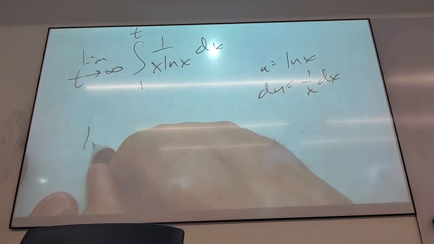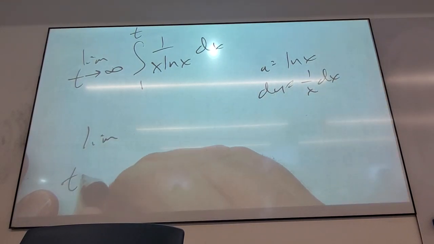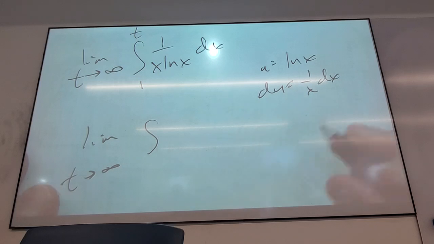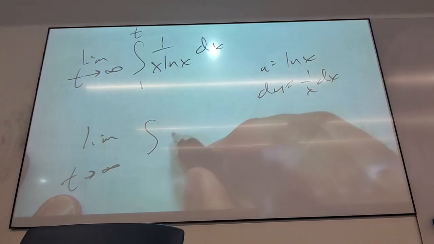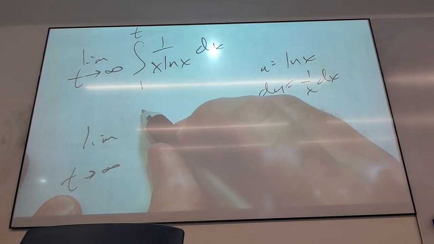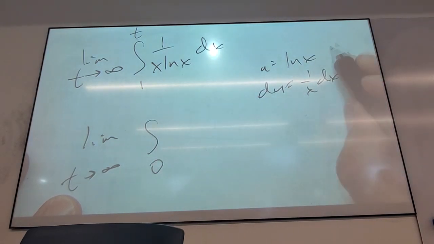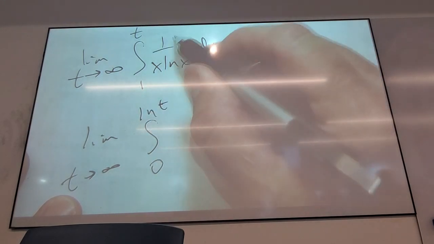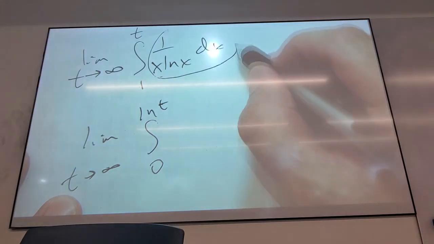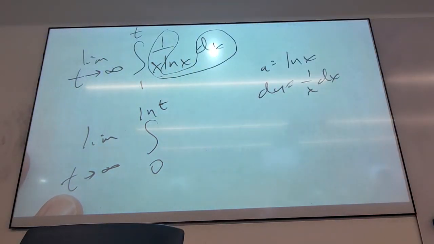So then this becomes, well, I could change my limits if I felt like it. When x is 1, what's u? 0. When x is t, what's u? Natural log of t. Good. And then this is du, yes?